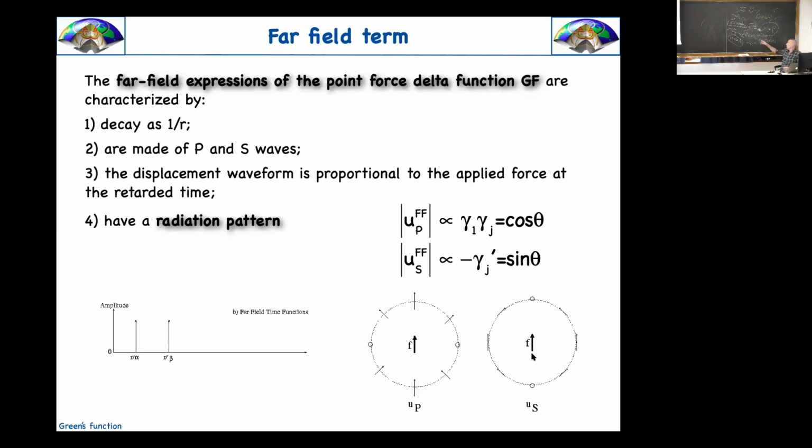So now we have that force there, and we look at the radiation from the top of it. The P waves radiation pattern goes as the cosine.